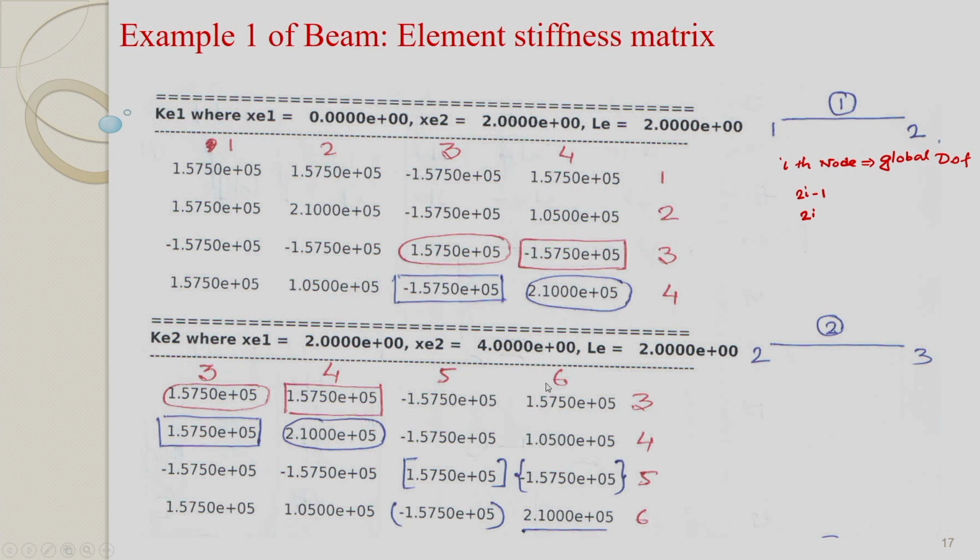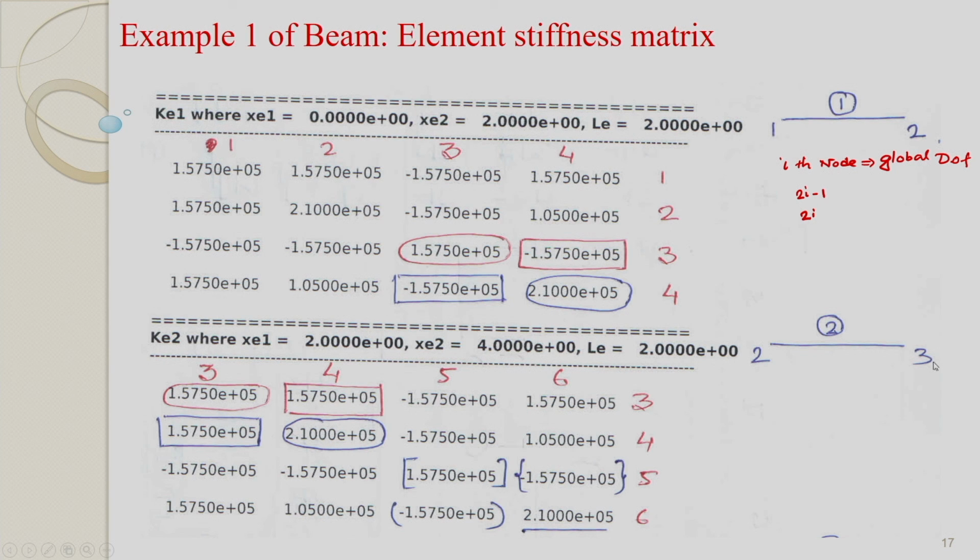Similarly, for element 2, associated global degrees of freedom for node 2 are 3 and 4, that is 3 corresponds to deflection at node 2, 4 corresponds to rotation at node 2.